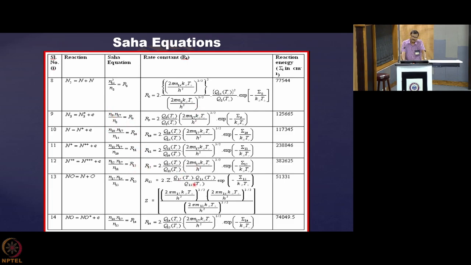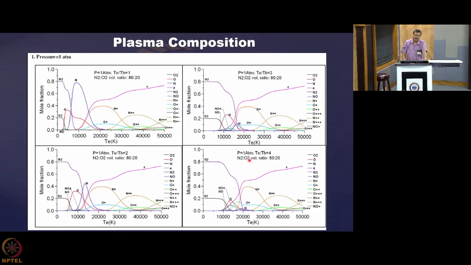So, this rate is written like this, they are in terms of these partition functions, and this reaction energy, like reaction means it may be first ionization, dissociation, second ionization, like that. So, those energies are listed over here. These energies you can get from literature, and these equations can be solved in the same way as you have done for the argon.